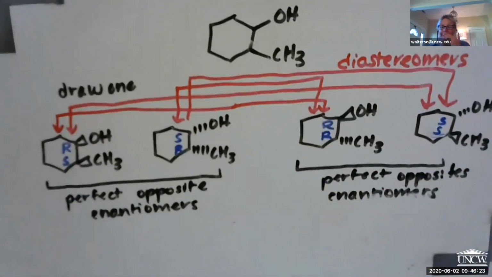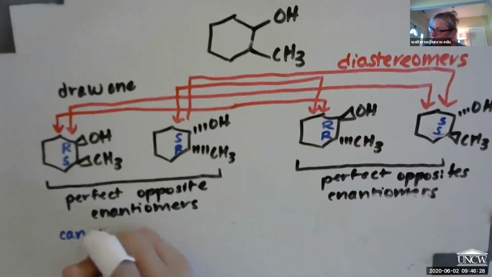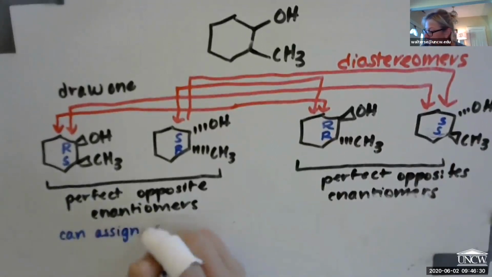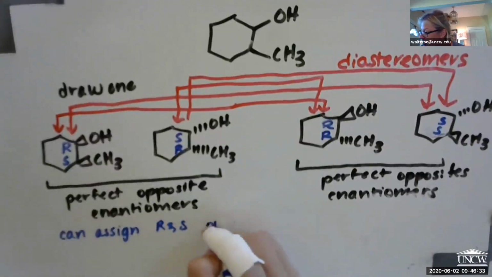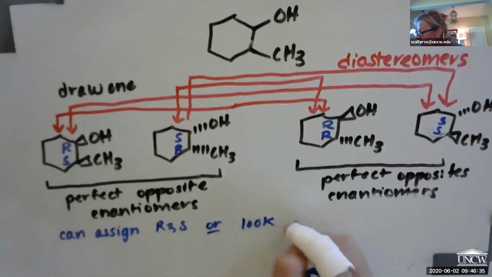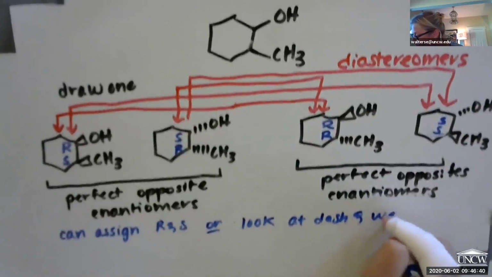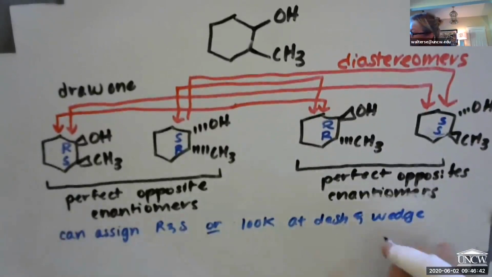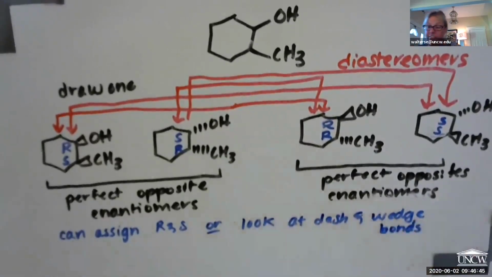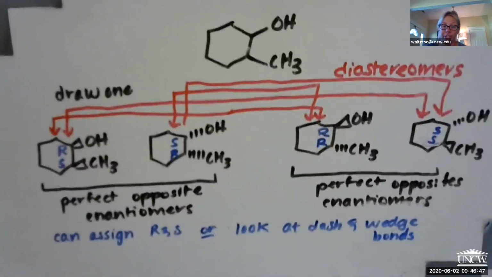Okay, so to determine enantiomers and diastereomers, you can assign R and S. Or you can look at the bonds. Looking at the dash and wedge bonds is the fastest way to determine the relationship enantiomer versus diastereomer. R and S will be more time consuming, but will also get you the same point.